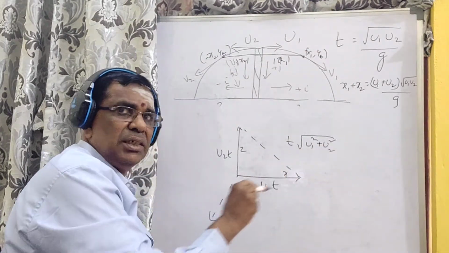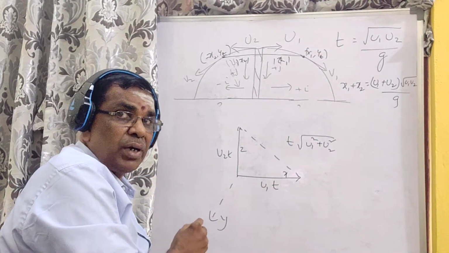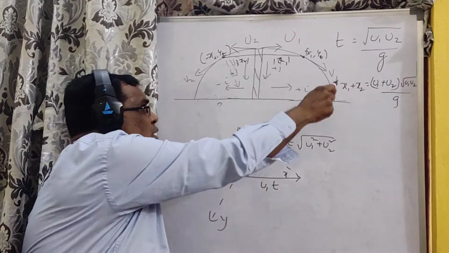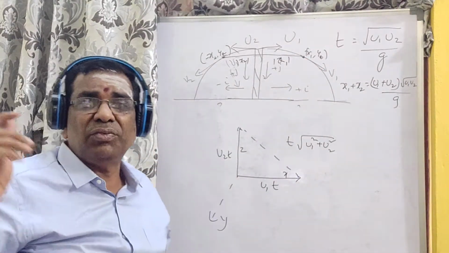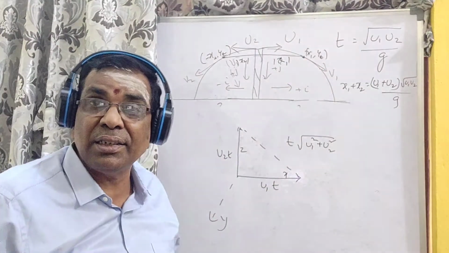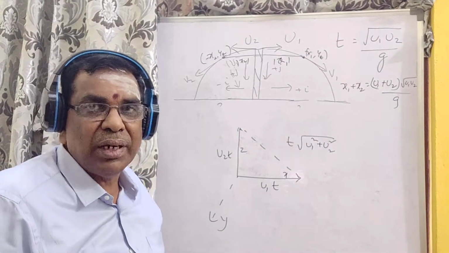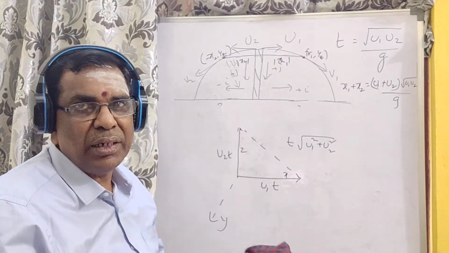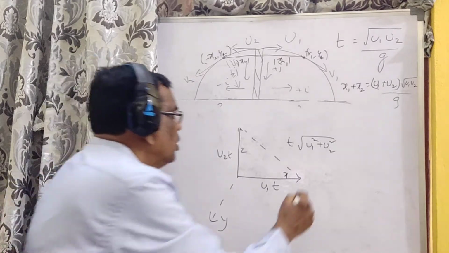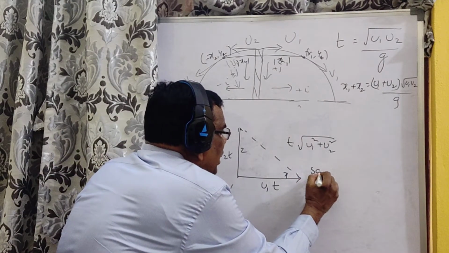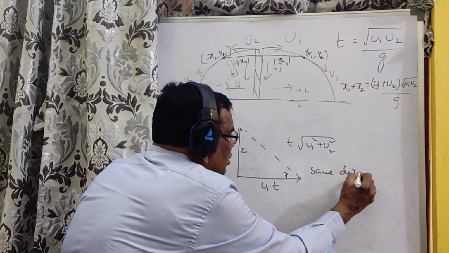I am asking the distance between these two. Okay? Now, if it is opposite, you are getting u1 plus u2. If they are in the same direction, it will be u1 minus u2 or u2 minus u1, whichever is more. So, same direction projection.